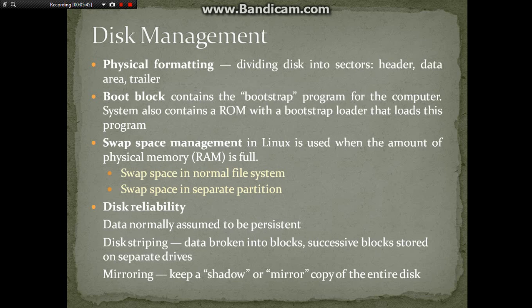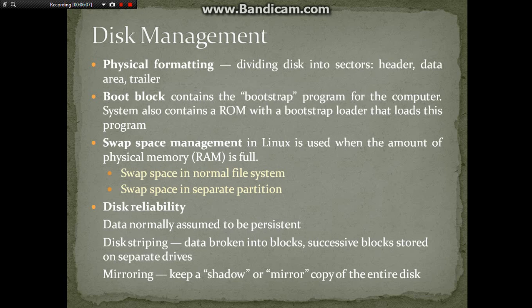And the boot block contains the bootstrap program, which contains the bootstrap loader that loads the program.